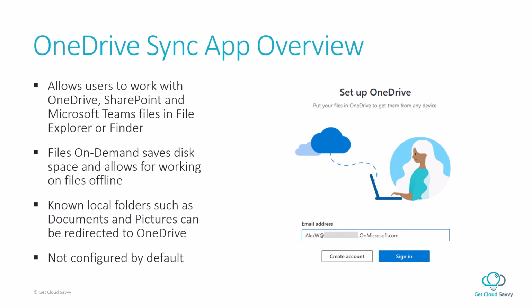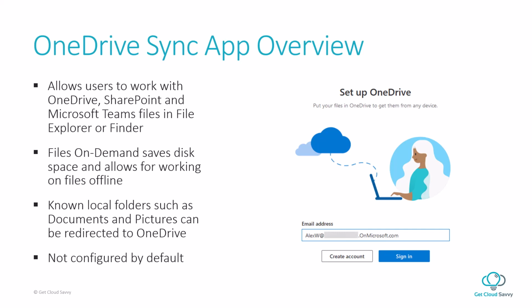Users are used to saving documents and images to their local documents and pictures folders on their local workstation. These known folders can be redirected to OneDrive for Business in the cloud, which serves as a cloud backup for these files. This feature is also very handy when a user moves between computers or their computer is getting refreshed.